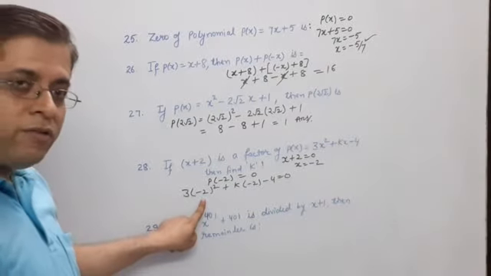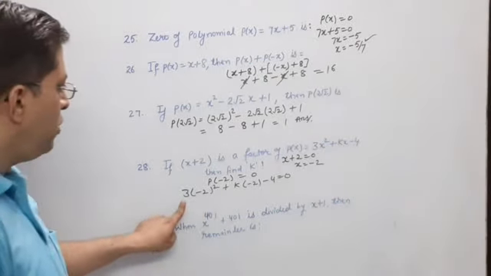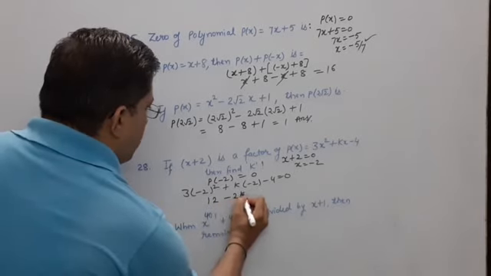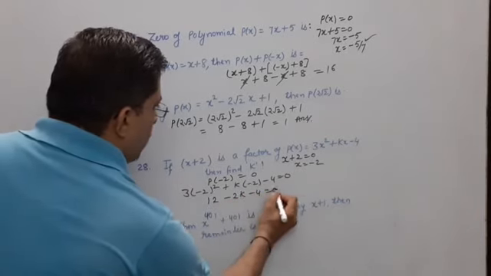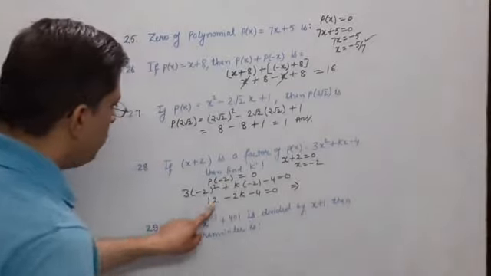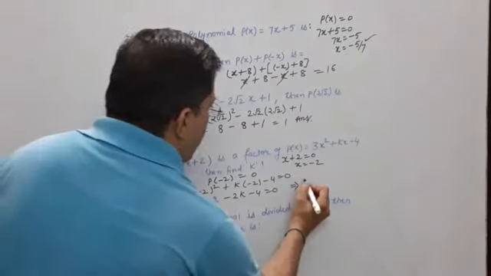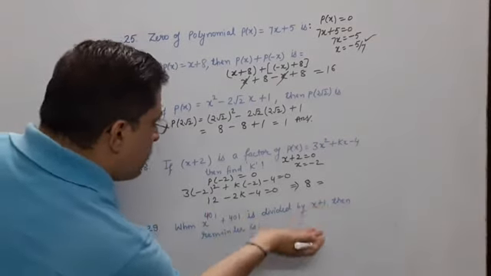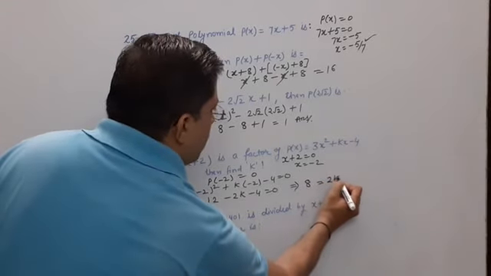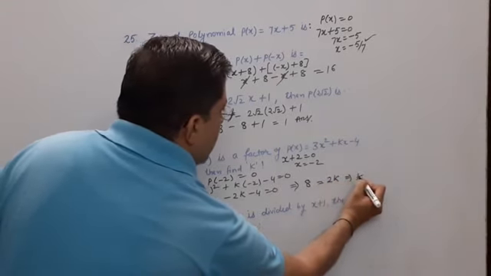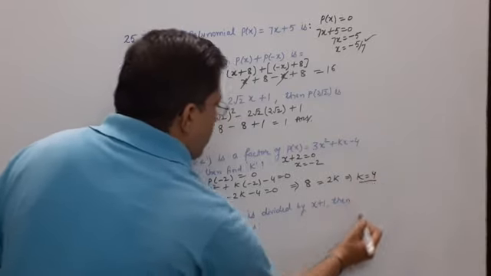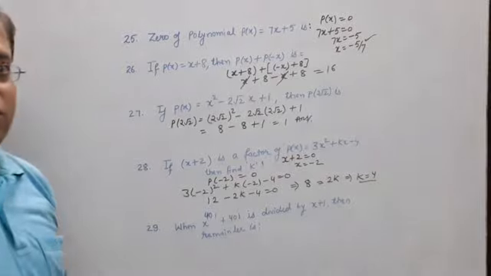Minus 2 square is 4. 4 3s are 12. Minus 2k minus 4 equal to 0. 12 minus 4 is your 8, and here is minus 2k. If I send that to the other side, this will be plus 2k. And k will be 8 upon 2. That is 4. That is your answer.